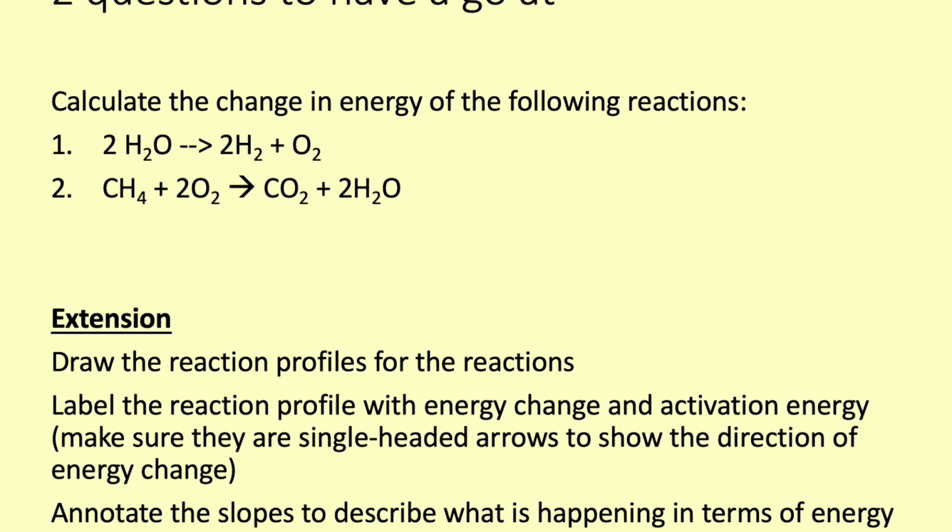If you're feeling confident, have a go at the extension, drawing the reaction profiles for the reactions, labelling the energy change and the activation energy, making sure to use single-headed arrows so that you're showing the positive or negative direction of the energy change, and also you could annotate the slopes to describe what's happening in terms of energy and in terms of bonds.